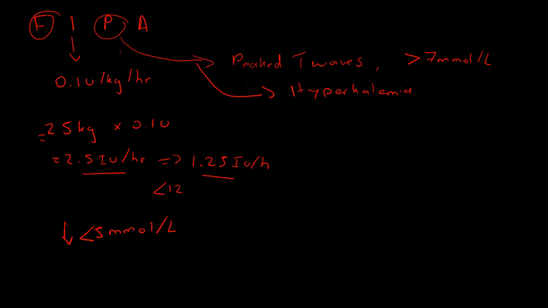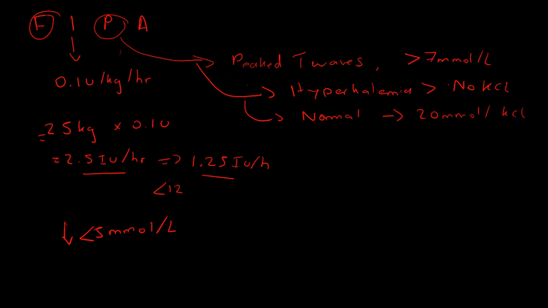If it's greater than normal, if there is hyperkalemia, we do not give potassium, so there's no potassium chloride that we're going to be giving. If it's within the normal range, we're going to be giving about 20 millimoles of potassium chloride.